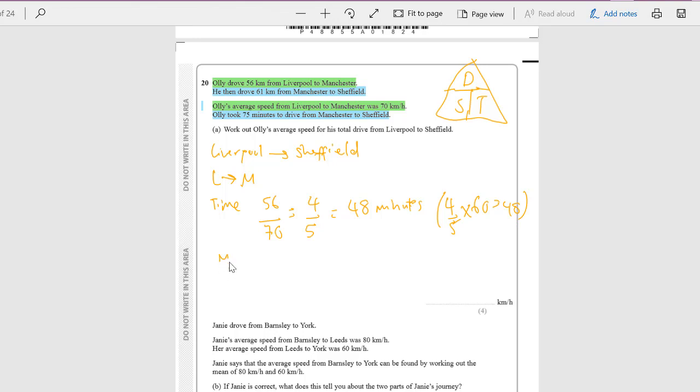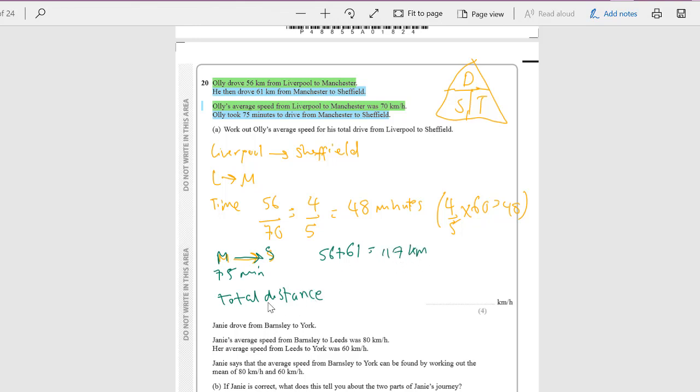And then M to S, probably use a different color here. So M to S, it took him 75 minutes, and so the total distance was 56 plus 61, and then that's 117 kilometers.